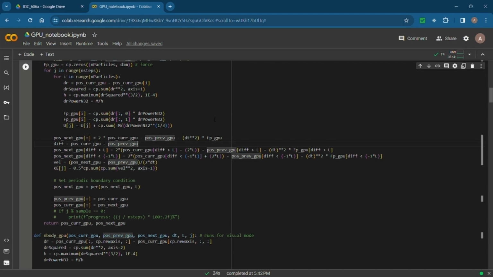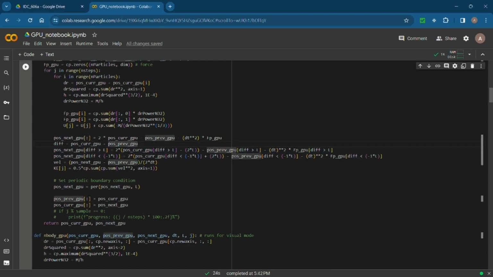But this sudden change in position, while calculating velocity, will create a spike in the velocity, which will in turn create a spike in your kinetic energy. So we need to deal with that, and these two expressions deal with that technicality exactly.